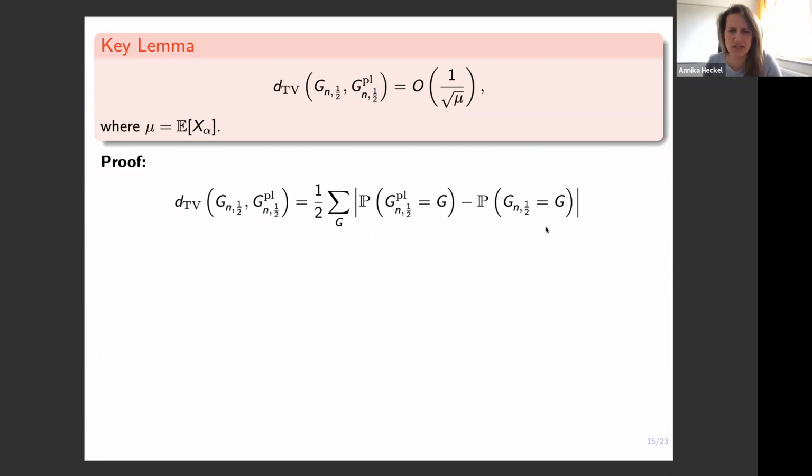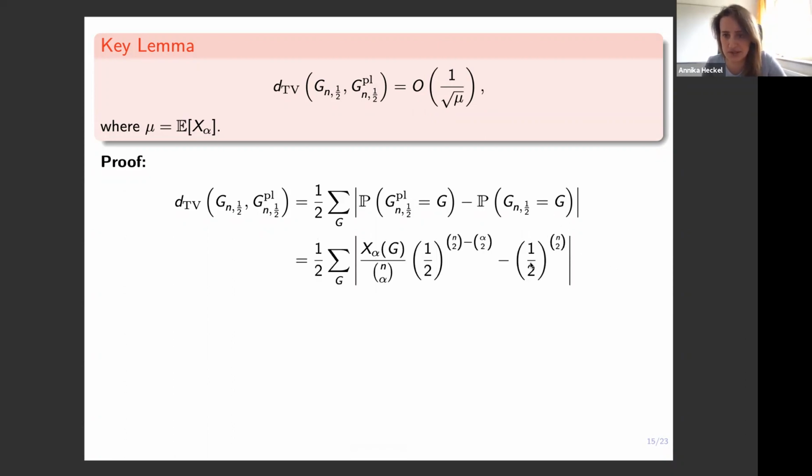And these probabilities we can actually write out exactly. So let's start with this one. This is just 1/2 to the n choose 2. Okay, this was easy. How about this one? What has to happen for the planted model to come out as a given graph G? First of all, the planted alpha set has to be one of the independent alpha sets in G. So there's X alpha of G of them.